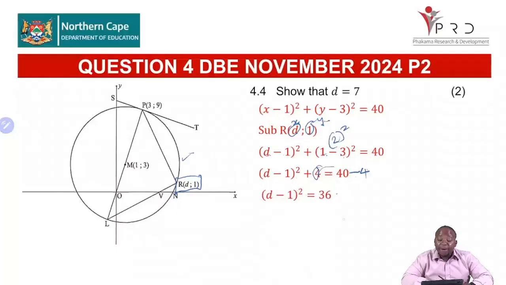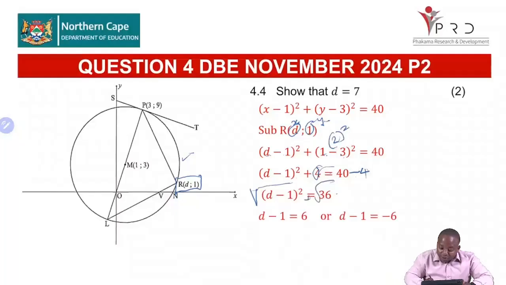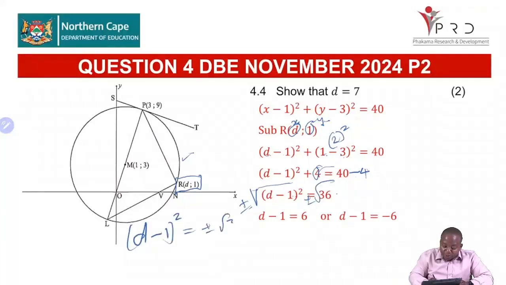What I can do here to solve this, I can introduce the square root both sides, which is plus or minus. So I'm going to say d minus 1 all squared is equal to plus or minus the root of 36.